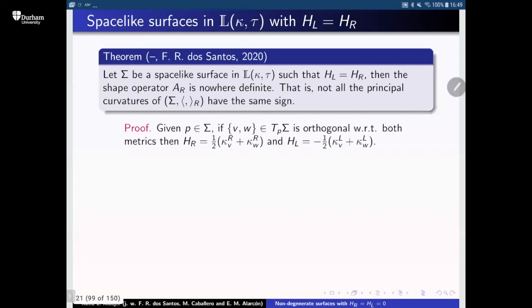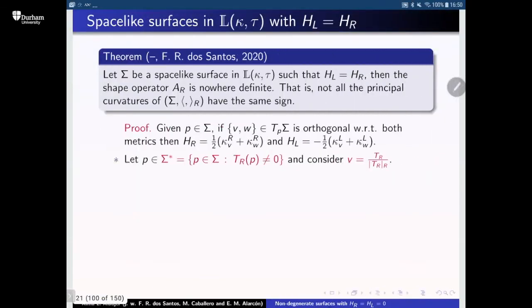In order to prove it, to compute the mean curvature function, we only need to have an orthogonal basis. It does not matter which basis it is. If it is orthogonal, it is enough. And we get the semi-sum of the normal curvatures related to the vectors of this basis.